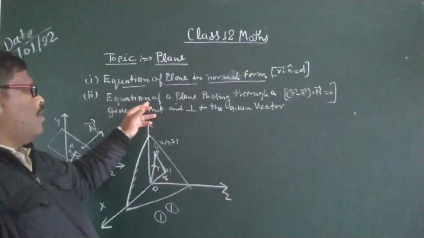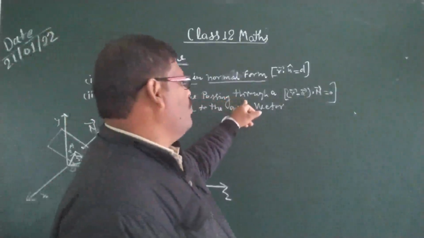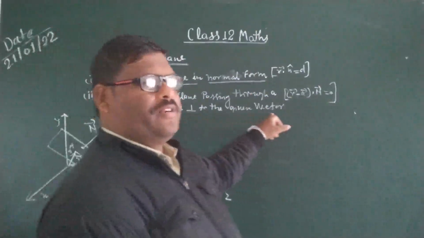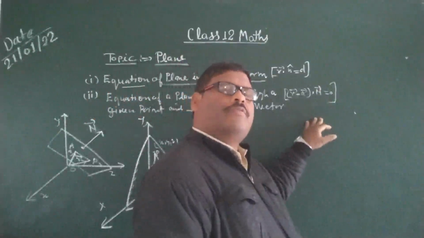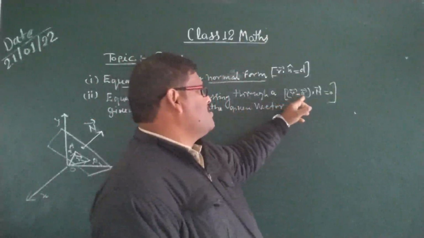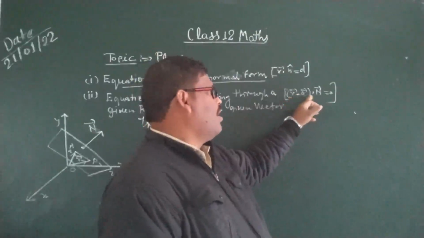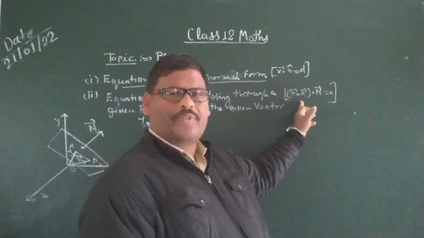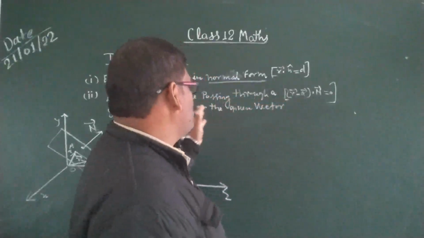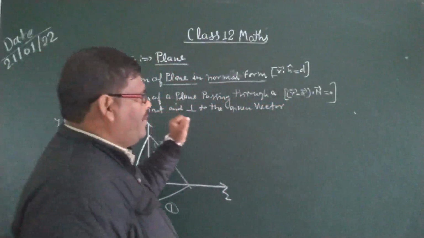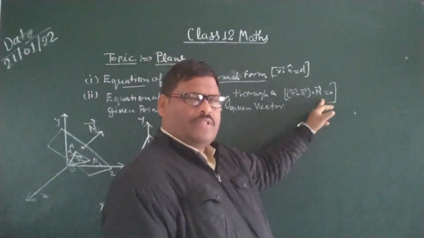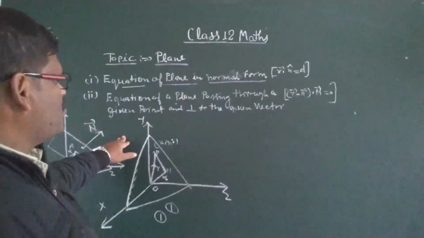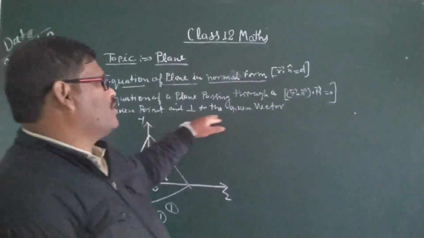Second, equation of a plane passing through a given point and perpendicular to a given vector, that is in the form of vector r minus vector a dot vector n is equal to 0, where a is the position vector of the point that passes through the plane as a given point, and vector n is the given vector to which the plane is perpendicular.